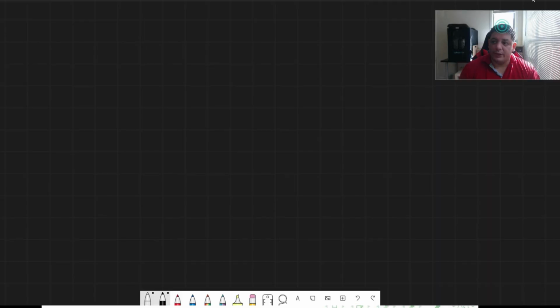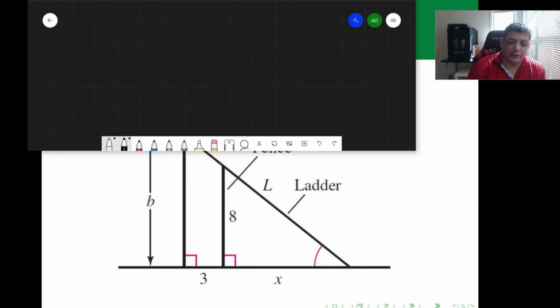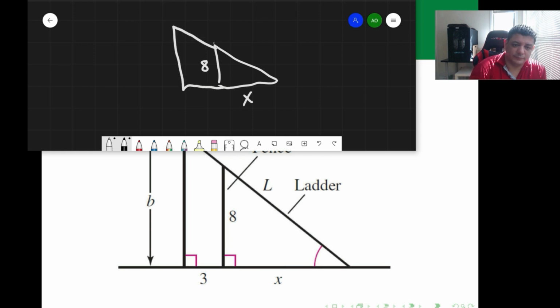What we're doing is making a comparison between the two triangles. Which triangles, you might ask? Well, we have the small one with sides X and 8, and we have the big one, which has sides B and the distance 3 plus X.